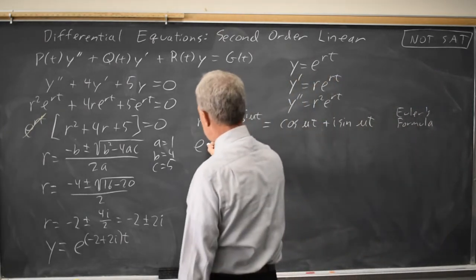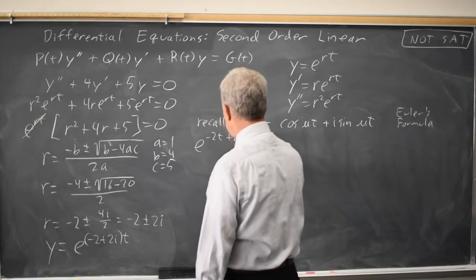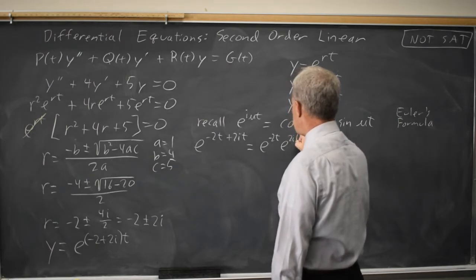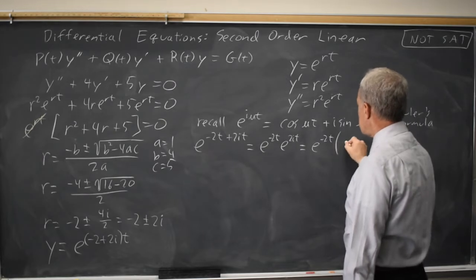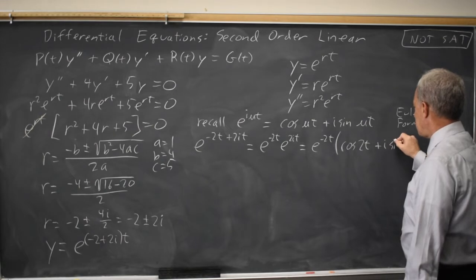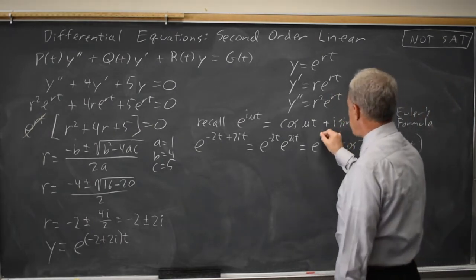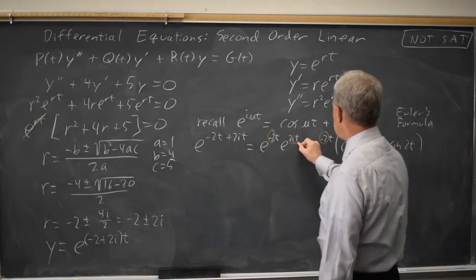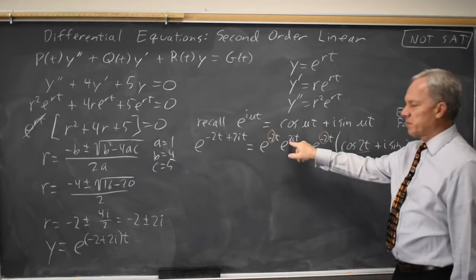So e to the negative 2t plus 2it is e to the negative 2t times e to the 2it, which is e to the negative 2t times cosine 2t plus i sine 2t, where the negative 2 in the exponent comes from here, and the 2t and the cosine and the sine come from the imaginary part.